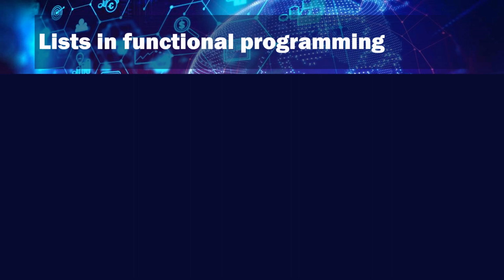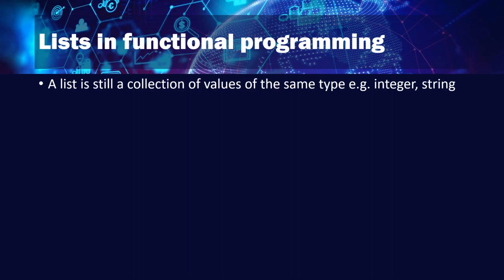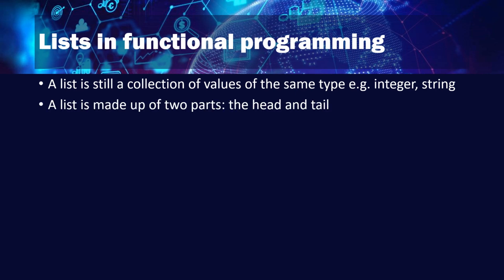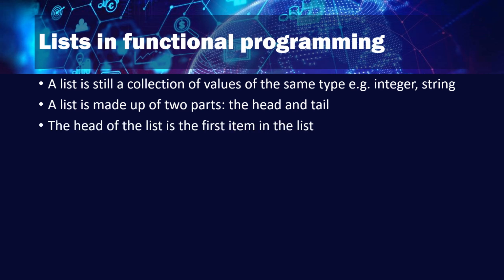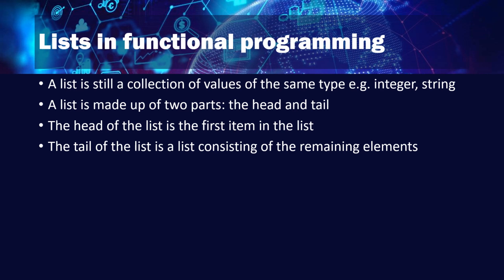A list in functional programming is still a collection of values of the same type, for example, integers or strings. In functional programming, a list is made up of two parts, the head and the tail. The head of the list is the first item in the list. The tail of the list is a list consisting of the remaining elements.